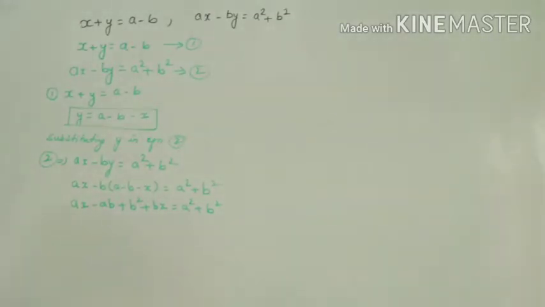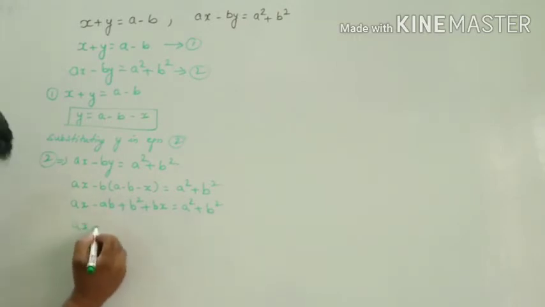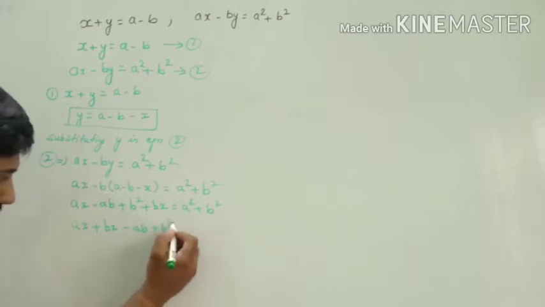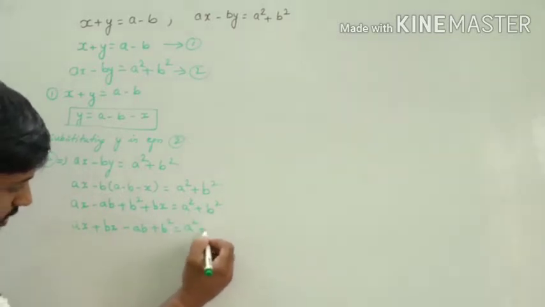Now here we have like terms ax and bx, so I am going to segregate them separately. So ax plus bx minus ab plus b square is equal to a square plus b square.